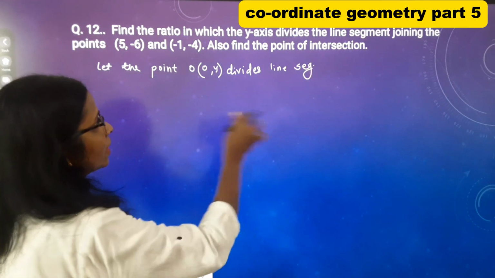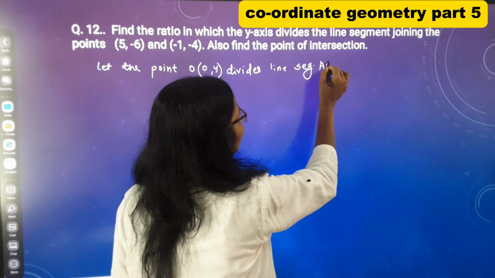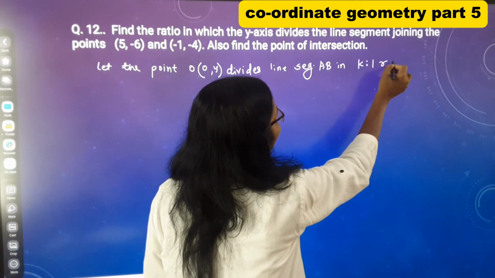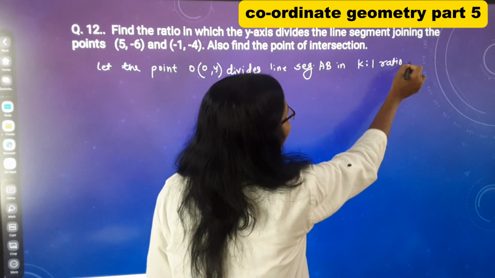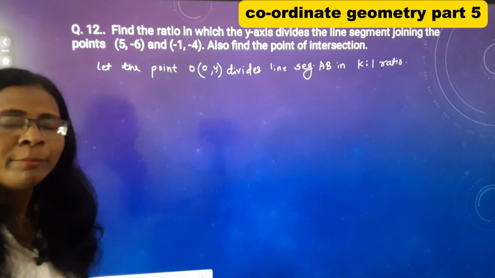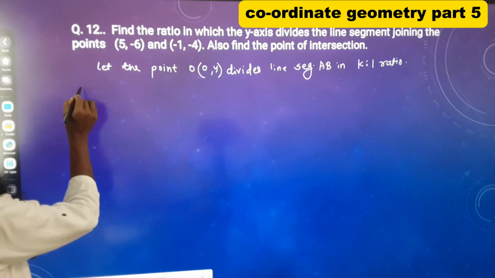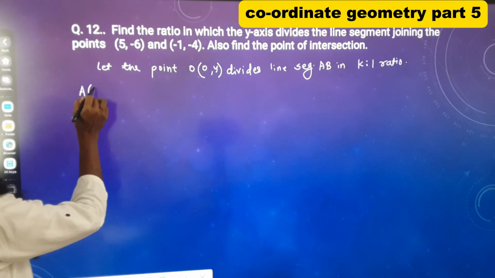Consider the line segment AB in the ratio k:1. It divides line segment AB in the ratio k:1. So now here there are the 2 points A and B.